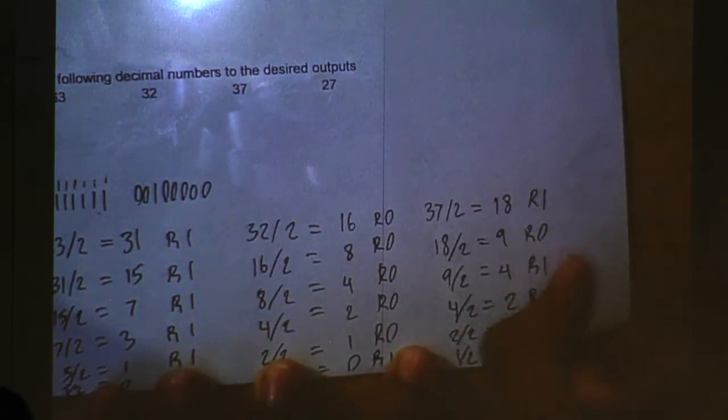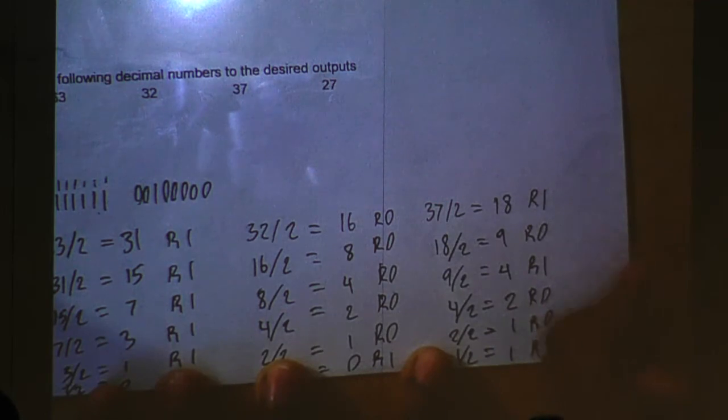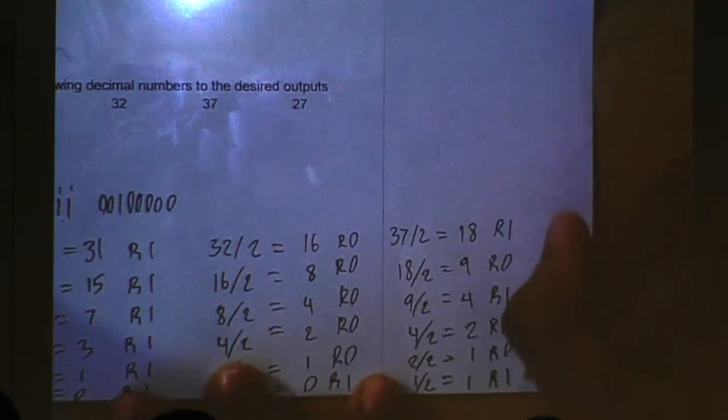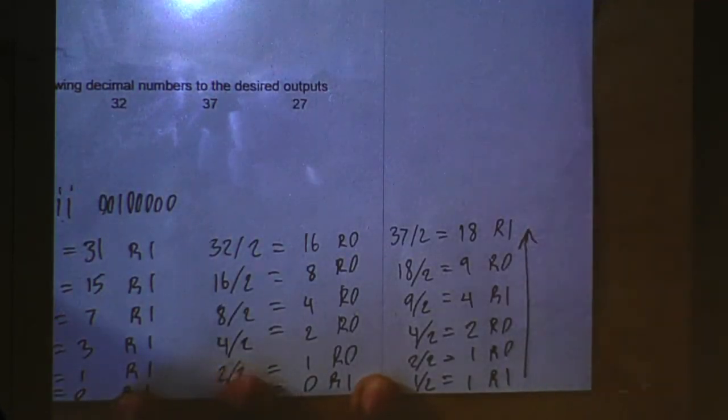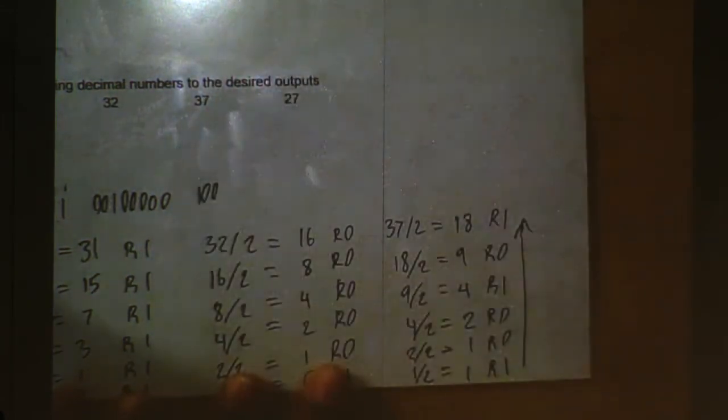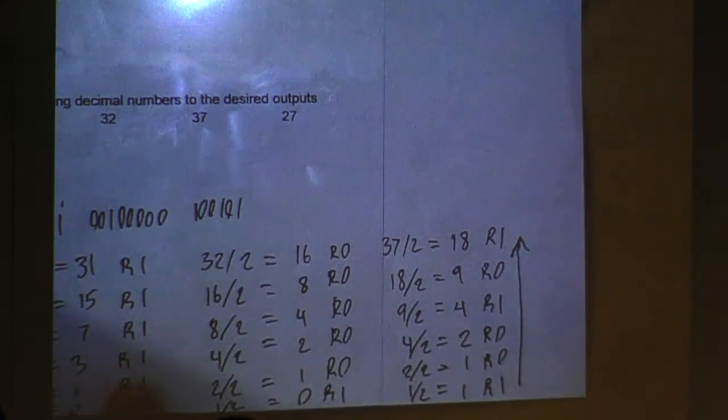And 1 divided by 2 gives you 0, remainder 1. So then you just read it back this way, and you get 1, 0, 0, 1, 0, 1. That make sense?